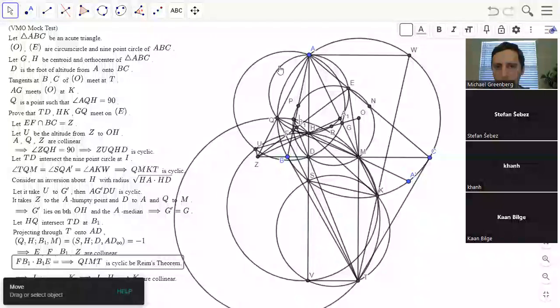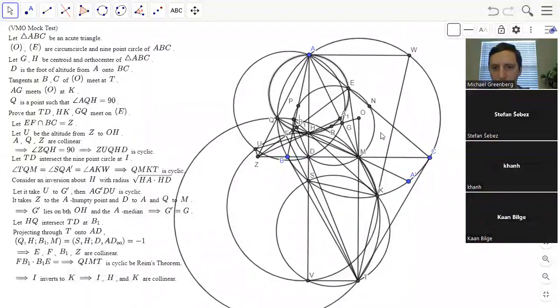We know this is cyclic, and we know this is cyclic. Since this is cyclic, it's equal to B1Q. And then this is cyclic, so it's equal to QIHD. Oh, so it means that QIHD is cyclic, basically. I think that's the idea.